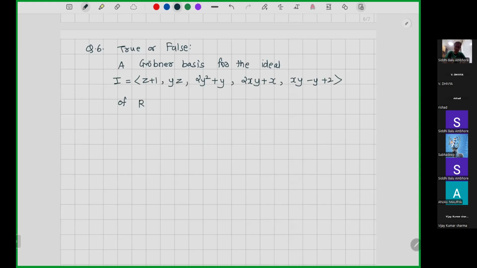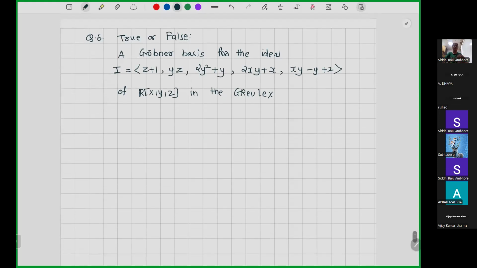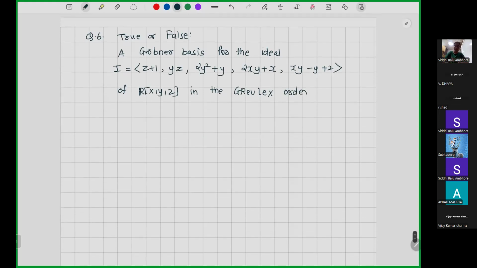This is now real. The GB of I with respect to degree reverse lexicographic order, I'm writing it as GB of I, contains 1. So we have to check whether 1 belongs to the Gröbner basis of this ideal I or not.